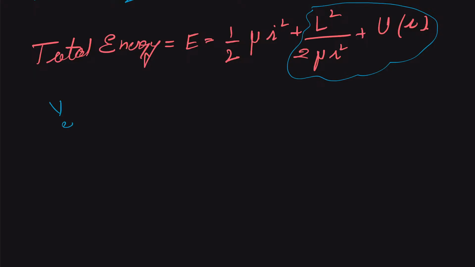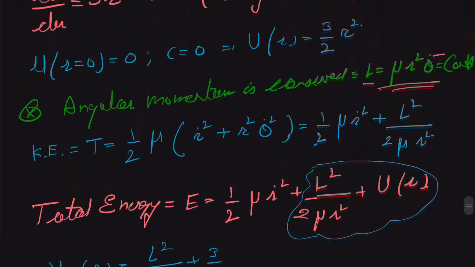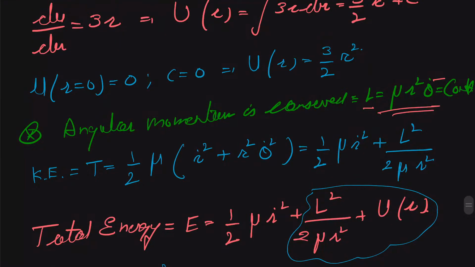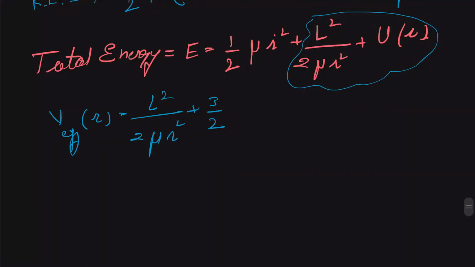So we can say our V effective at a distance of r will be equal to L square upon 2 mu r square plus 3 by 2 r square, because u of r we already calculated is 3 by 2 r square.